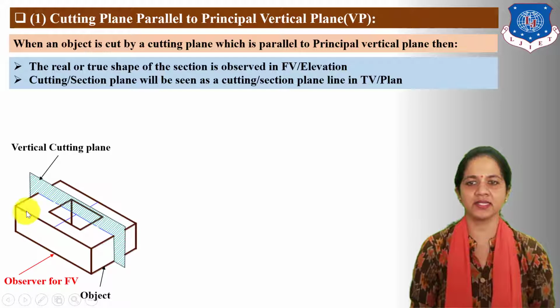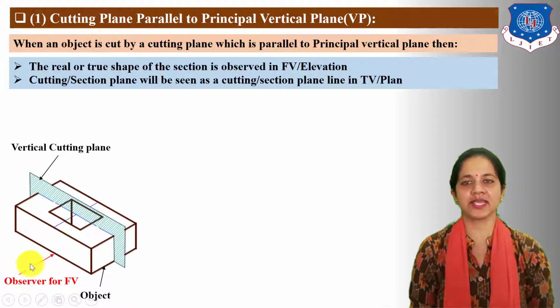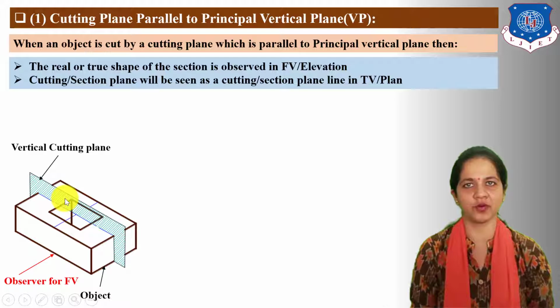Here you can see this object is cut by a vertical cutting plane, which is parallel to the vertical plane. So the section appears in the front view, and the cutting line of this cutting plane is drawn in the top view or plan.